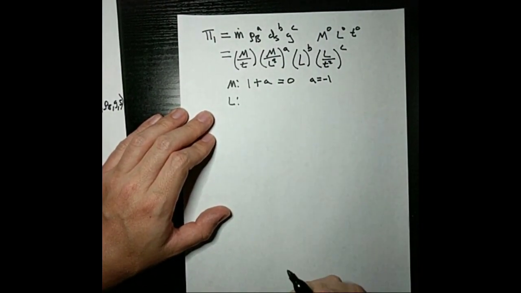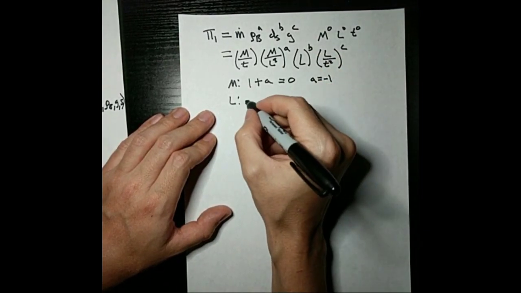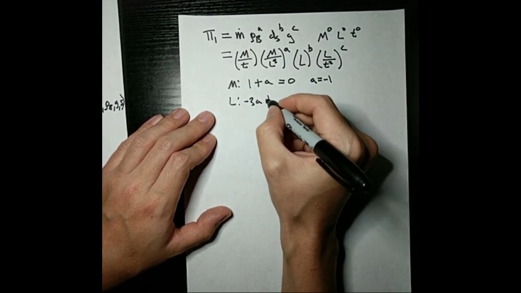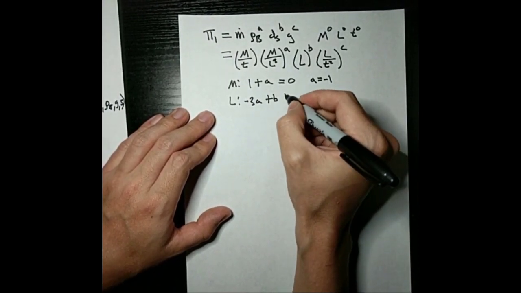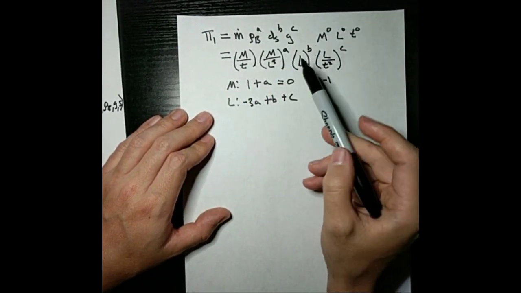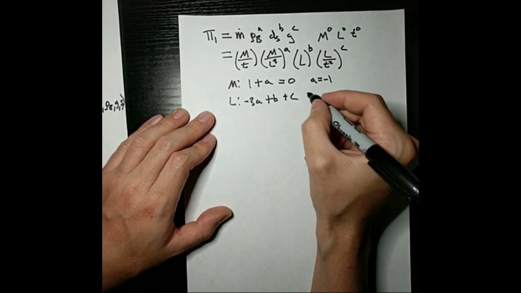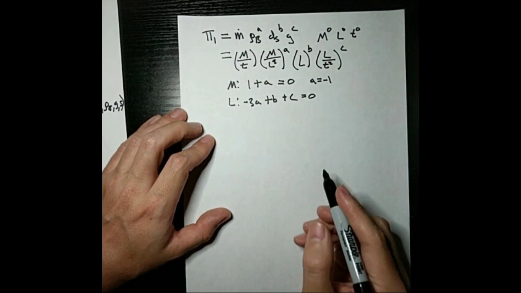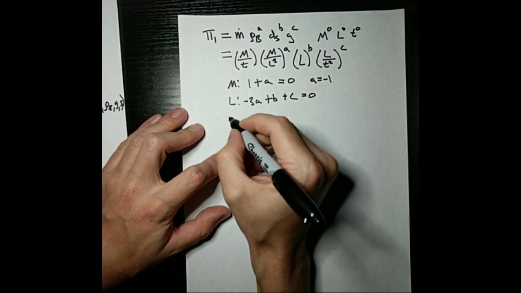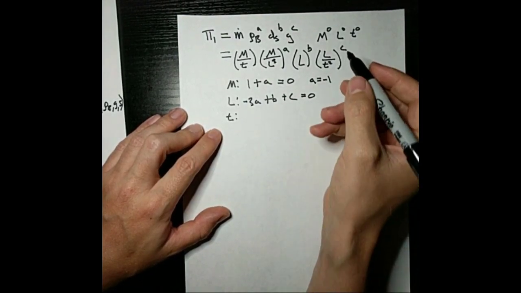We can do another equation for L. So we have minus 3A plus B plus C. So there was no length term in that, and then there were length terms in those 3. And we want that to equal 0. Now we can't solve this one yet because we have 2 unknowns. So let's go on to our third equation for time.